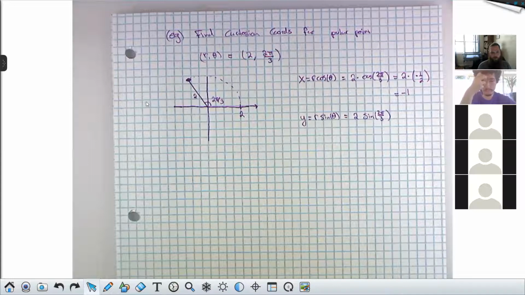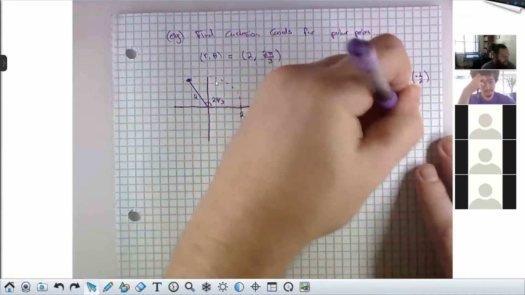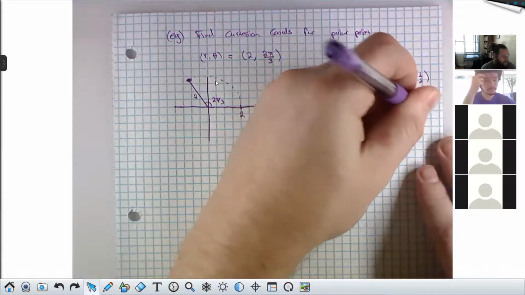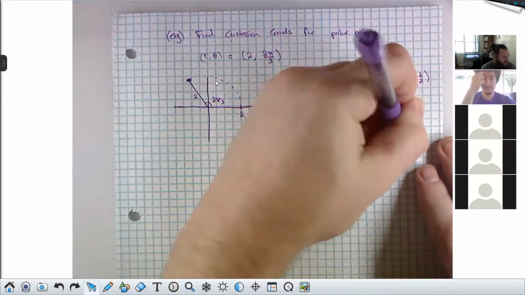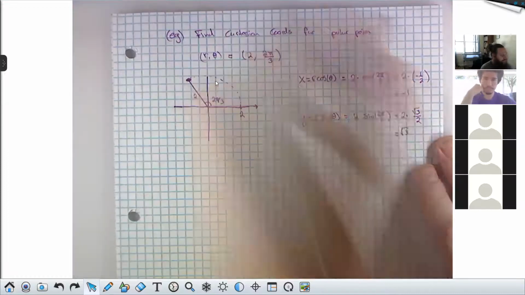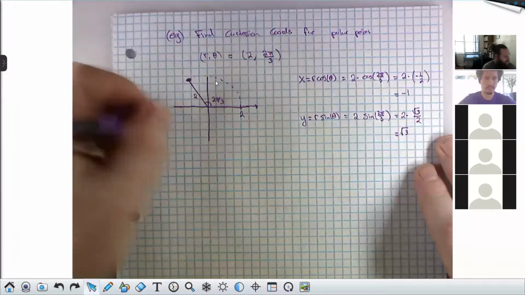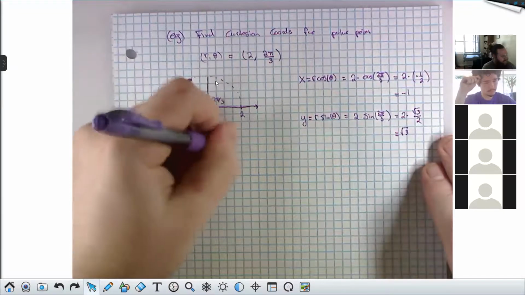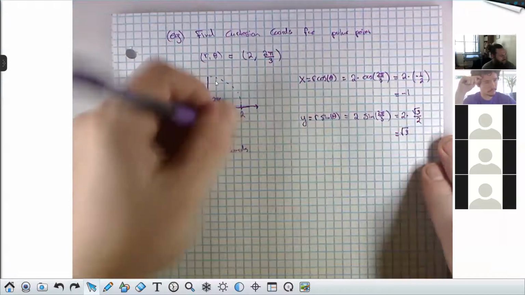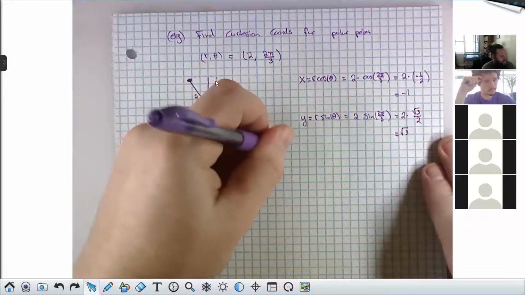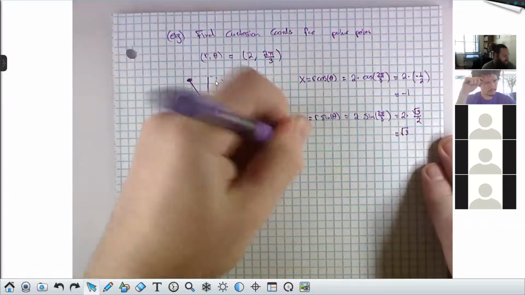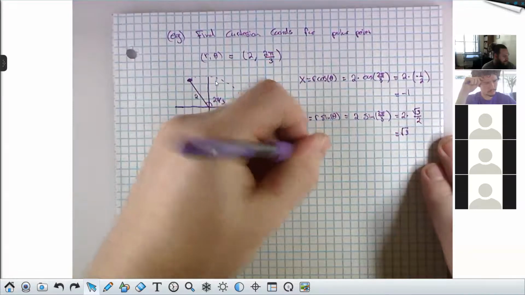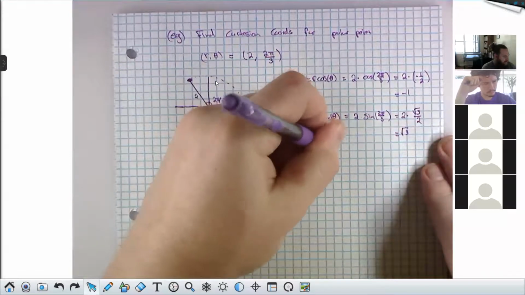So the sine is positive, and you're correct that it is the square root of 3 over 2. So this is 2 times positive root 3 over 2, or just the square root of 3. So the Cartesian coordinates of this point are x comma y equals negative 1 comma the square root of 3.